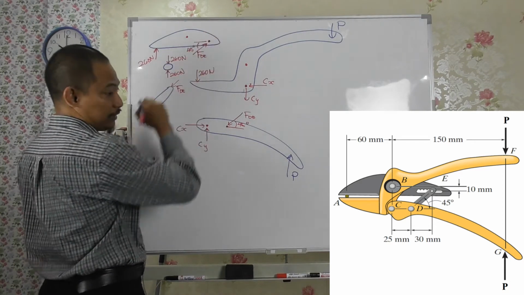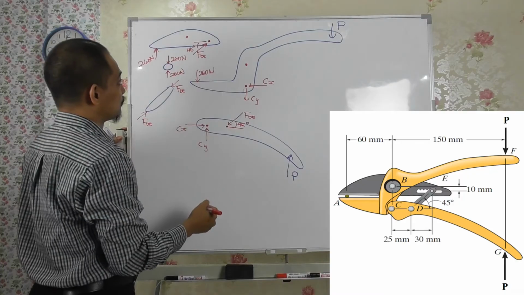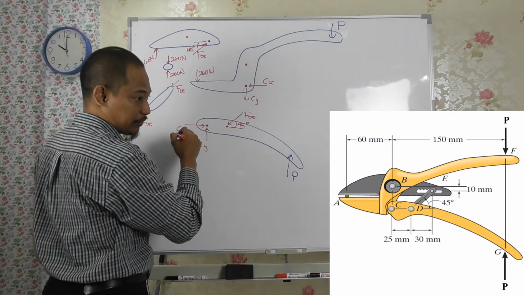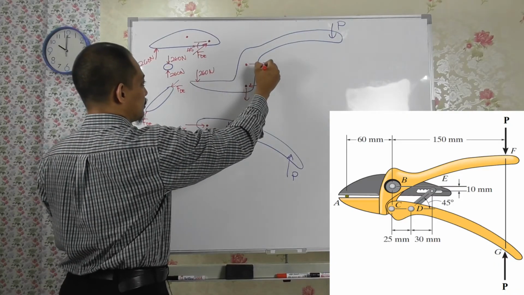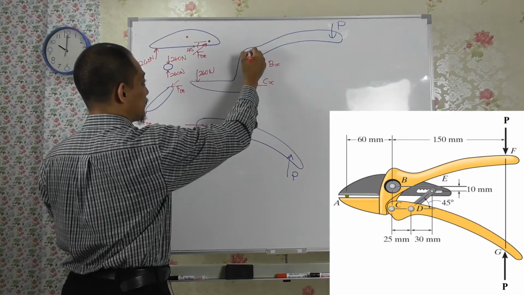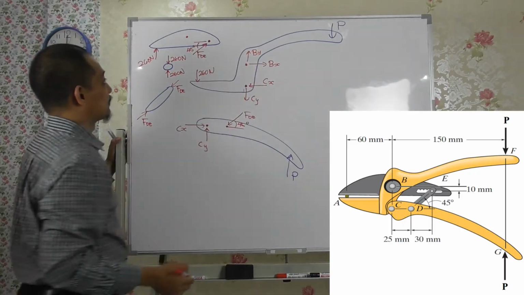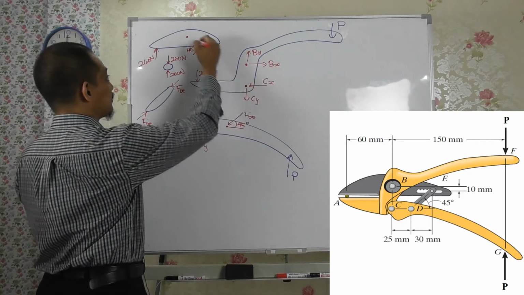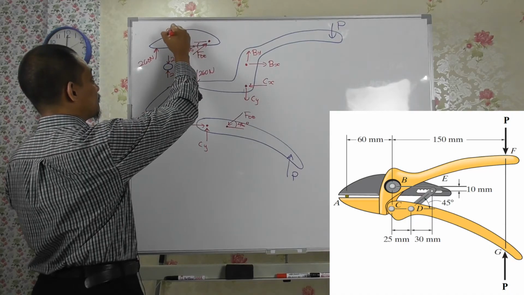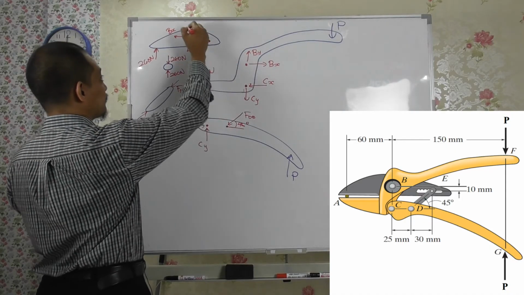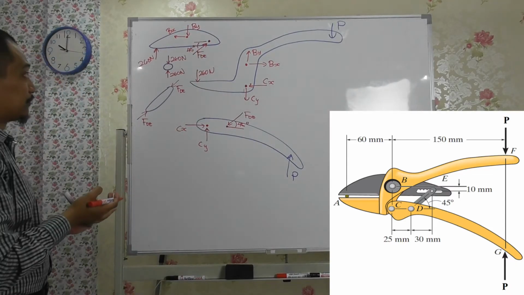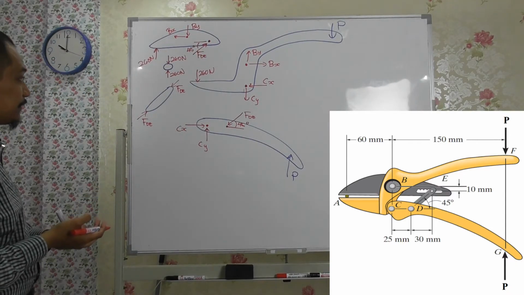So we'll just assume, for example, this is point B. Assume BX here, for example, and BY there. So in that case, if this is BX to the right, BX must be to the left here. If BY upwards, BY must be downward here, correspondingly.